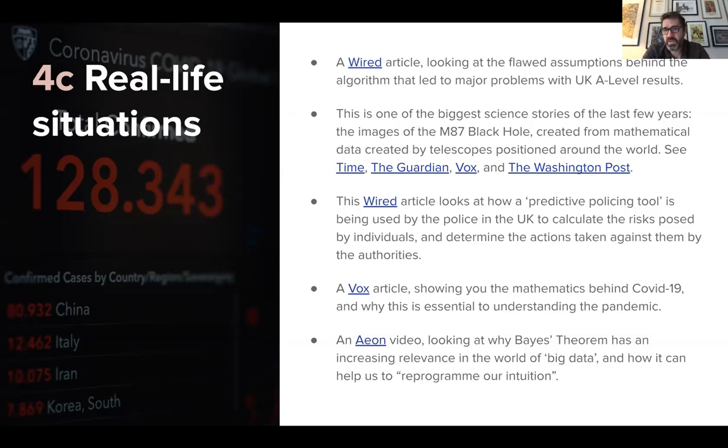We can't escape COVID. Actually, this is a video and an article, excuse me, that I saw, and it really changed the way I thought about COVID. If you just understand the mathematics behind COVID, you realize how dangerous it is. It's almost all you need to understand why we need all the things that are going on in the world right now to combat it.